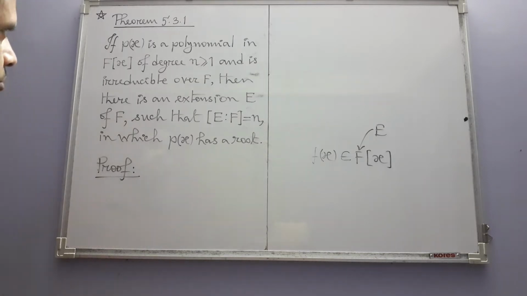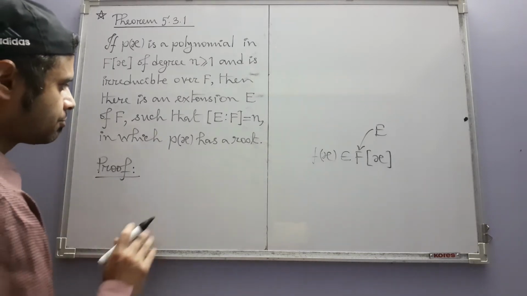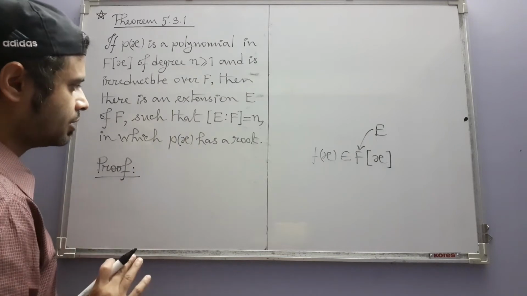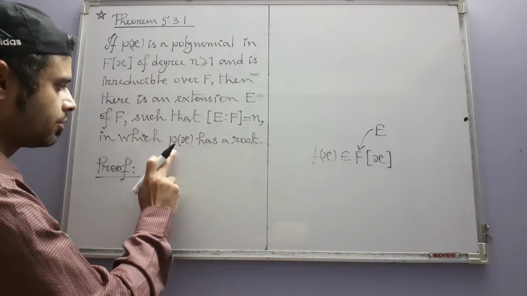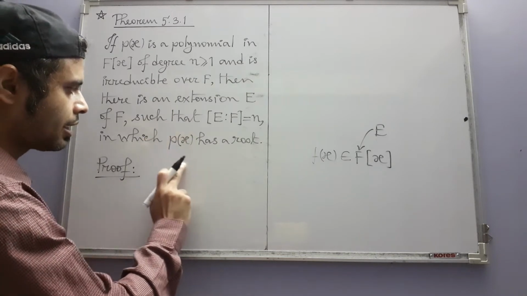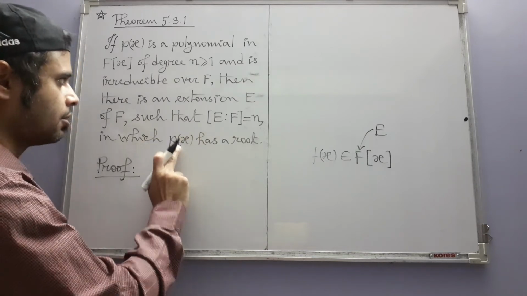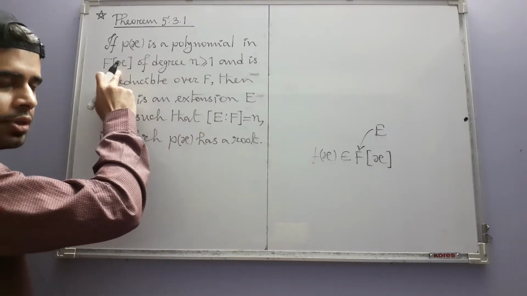So let's see the proof. In the proof, in the very beginning, what we are going to do is we are going to consider the principal ideal generated by this polynomial in this polynomial ring F[x].